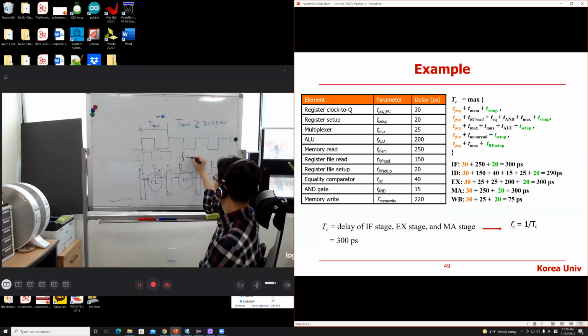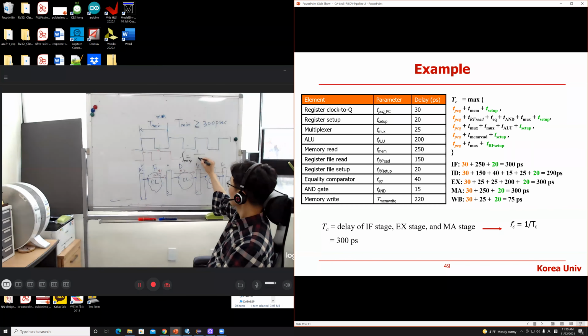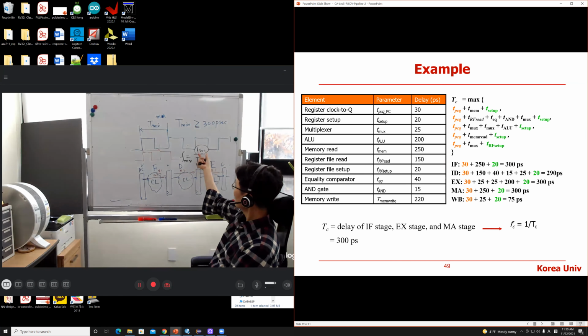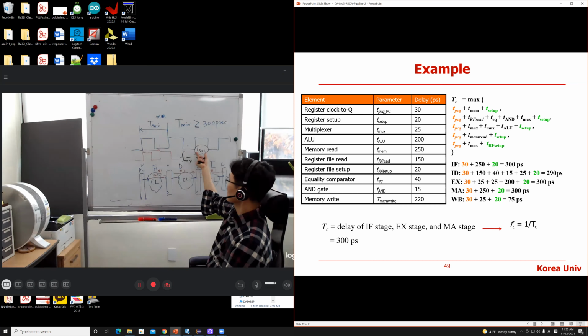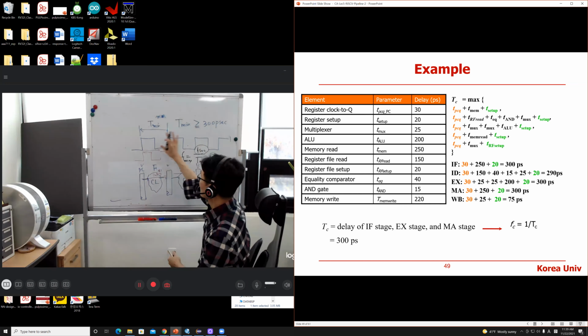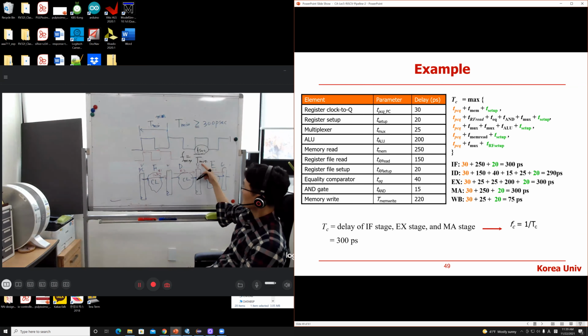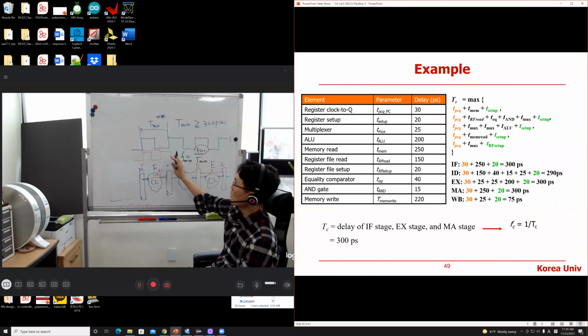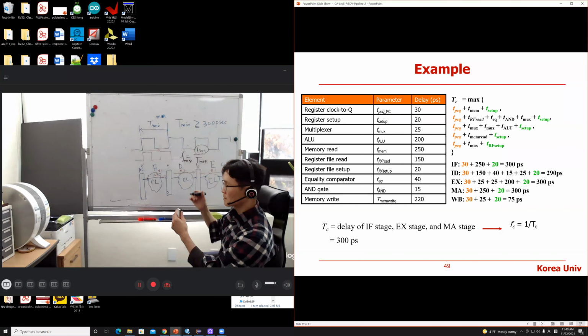F max is 1 over Tmin. In 1 second, how many of this Tmin do you have in 1 second? How many? That is the equation: 1 second divided by Tmin. That is frequency. How frequent is that in 1 second? How frequent?